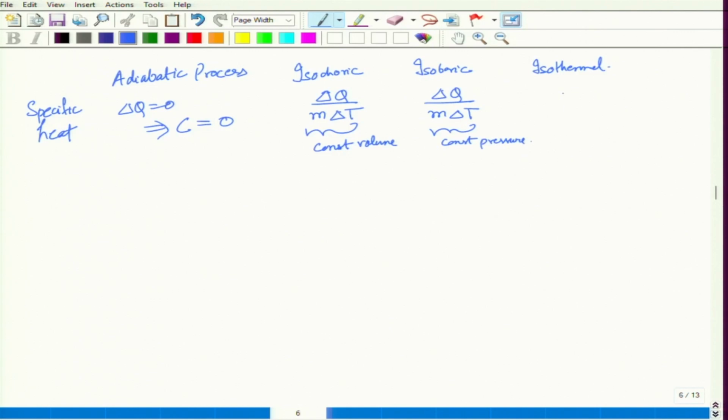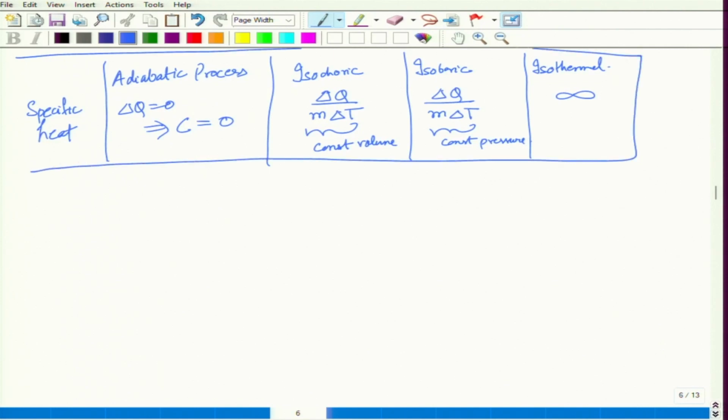In the case of isothermal, delta T is 0, and this is going to be infinite. You need to keep this in your mind and we'll proceed from here. We'll try to relate the specific heat with the degrees of freedom in the next class.